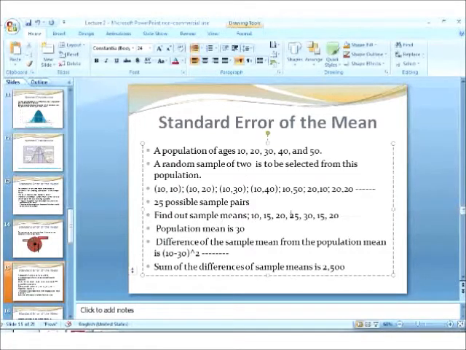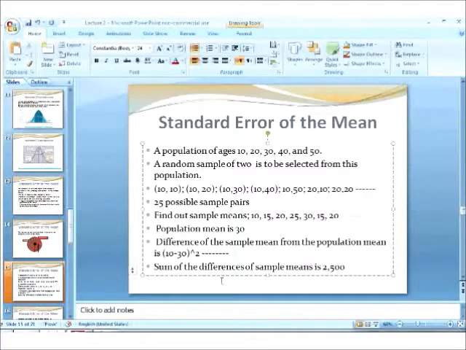These are the 25 means of the samples which we drew out of the population. The population mean itself is 30: 10 plus 20 plus 30, 40 and 50 gives a population mean of 30. No, not 25 standard errors, just one standard error.